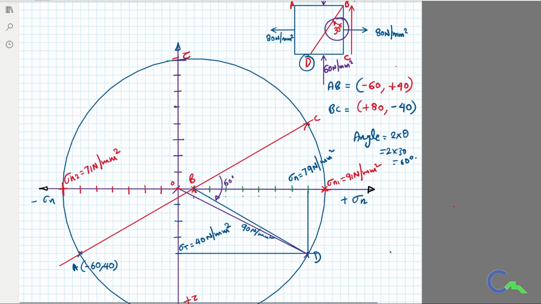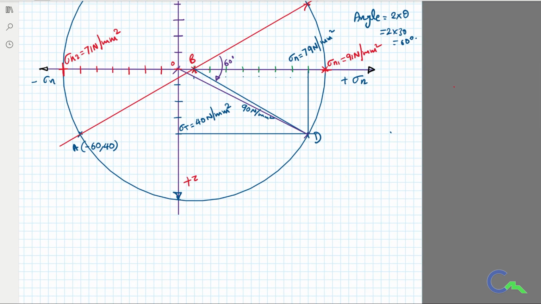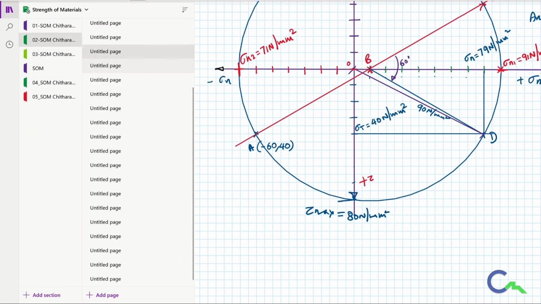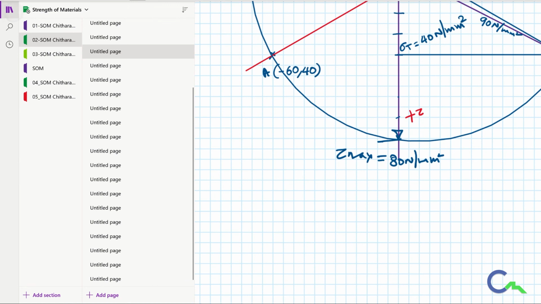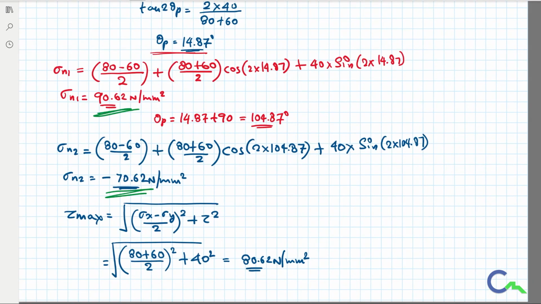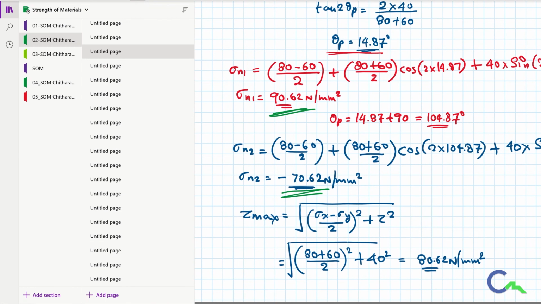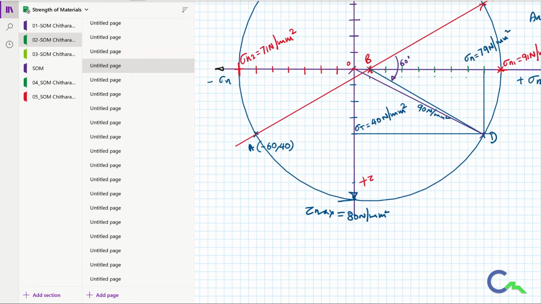This is the maximum shear stress we are going to get, tau max. If you measure, 10, 20, 30, 40, 50, 60, 70, tau max is around 80 Newton per millimeter square. In the analytical method, we got tau max as 80.62 Newton per millimeter square. In the graph you will get an almost accurate value.